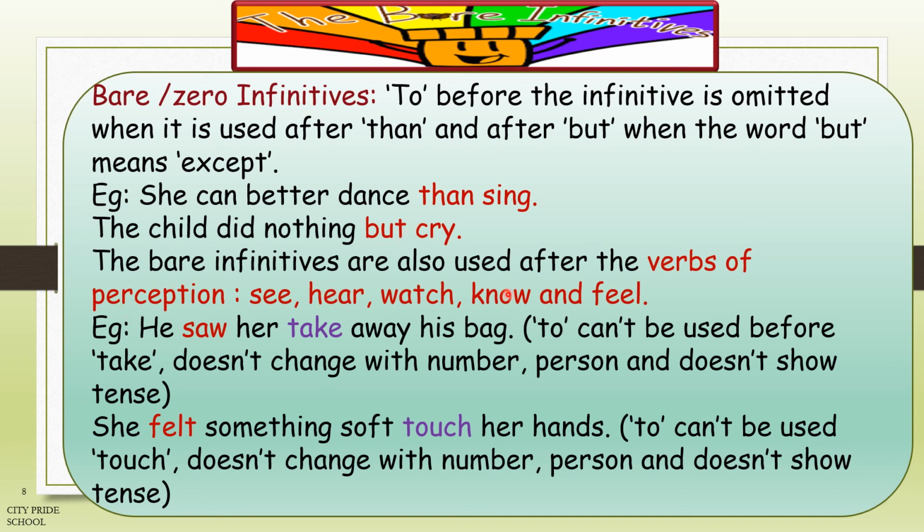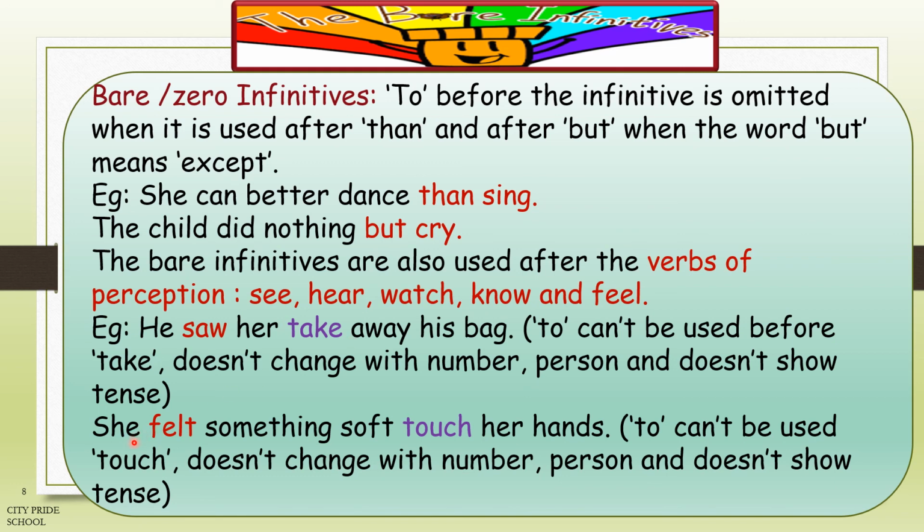The bare infinitives are also used after the verbs of perception: see, hear, watch, know, and feel. For example, he saw her take away his bag. We cannot use to before it. We cannot say he saw her to take away his bag, because take is a bare infinitive which does not change with number and person, and also is not used to show the tense.